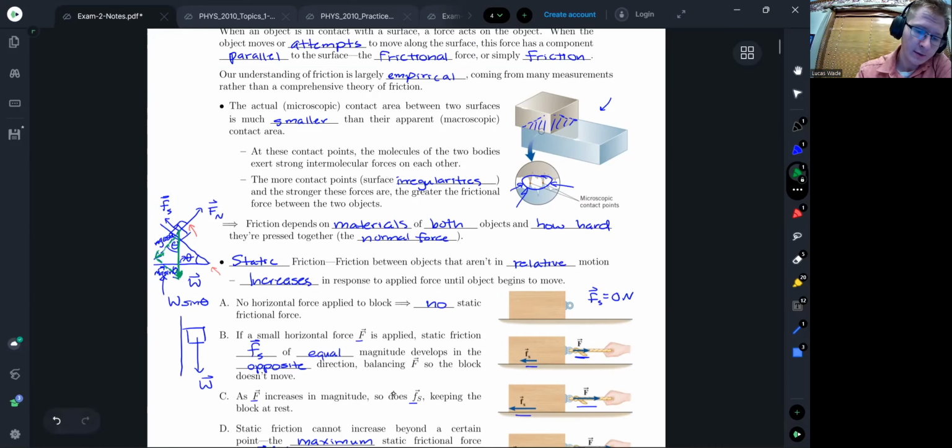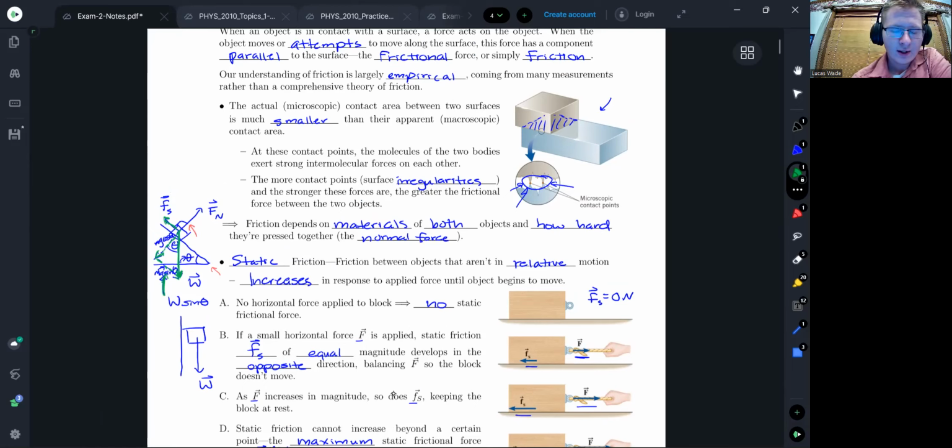The frictional force, on the other hand, so if we're talking about static friction in this case, we're saying that the frictional force is just enough to balance out this component right here of the block's weight, mg sine theta.